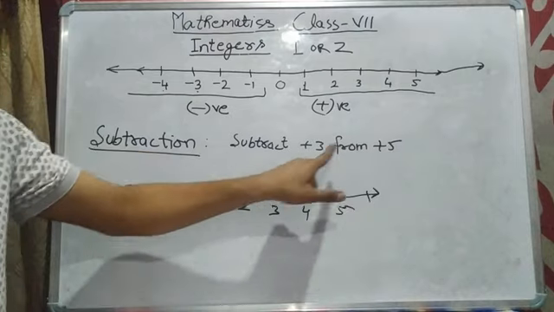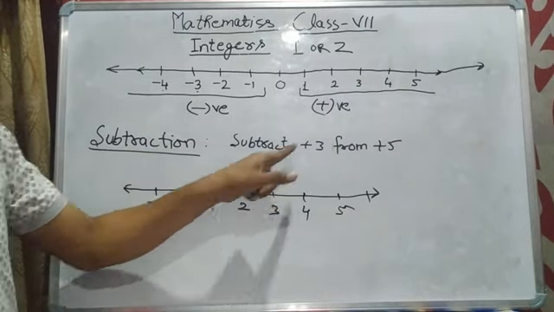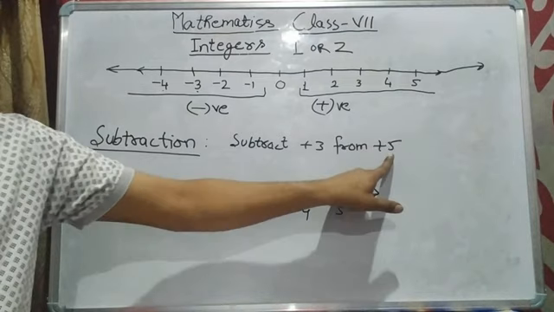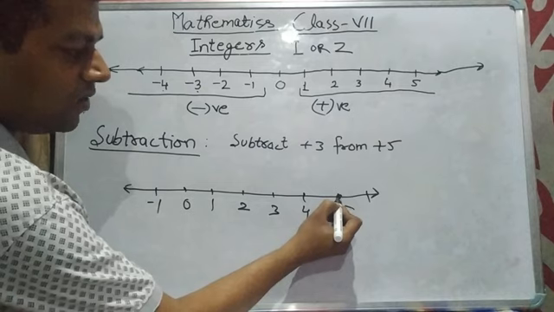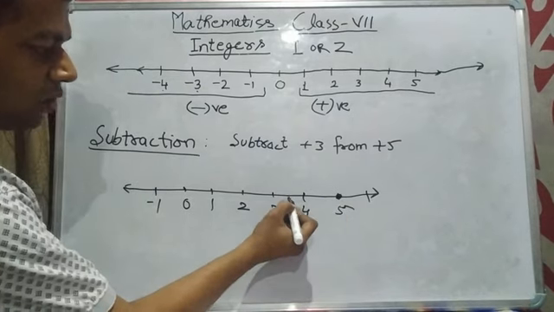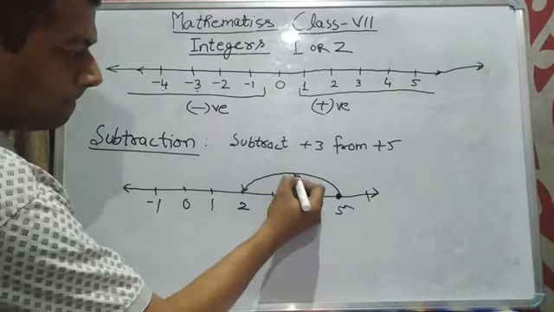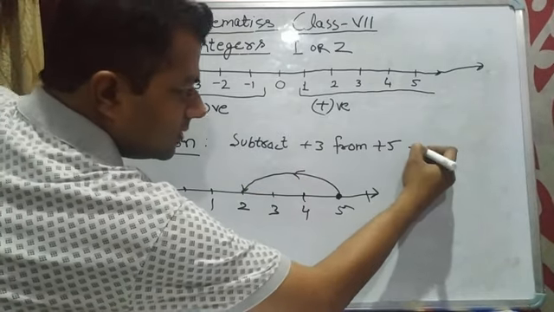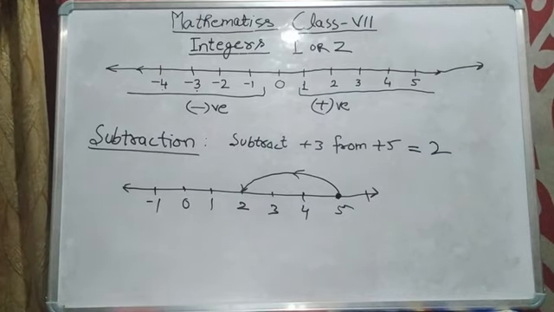Starting from 5, 3 steps we are to subtract. Subtract means we reduce 3 steps from 5. We start from 5 and reduce 3 steps, 1, 2, 3. The result is 2.